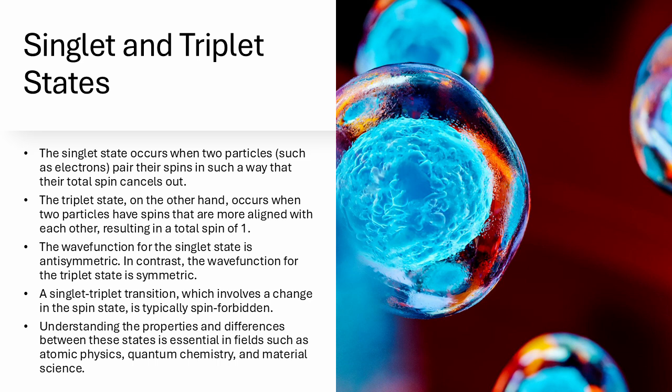Yeah. But if that's the balance situation, what happens when the spins aren't perfectly opposed? That's where we get something called a triplet state. Here, the electron spins are more aligned, but not always perfectly parallel. Think of it like this. The total spin acts like an arrow. In a singlet state, it's 0, no arrow at all. But in a triplet, that arrow can point straight up, parallel spins, straight down, anti-parallel, or somewhere in between, giving us 3 possible orientations.